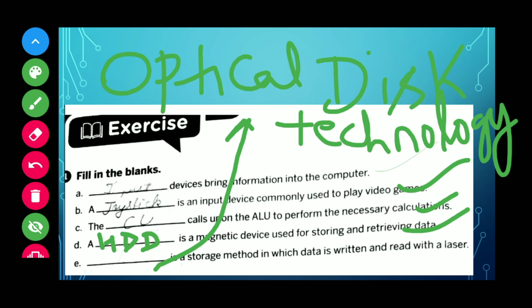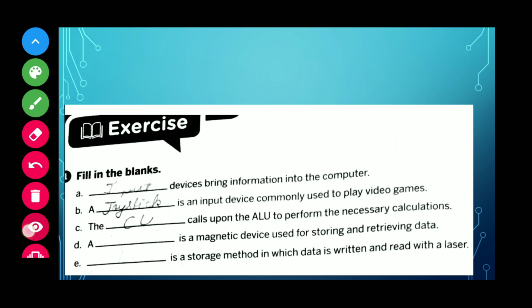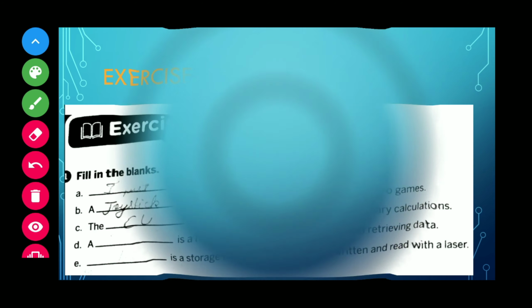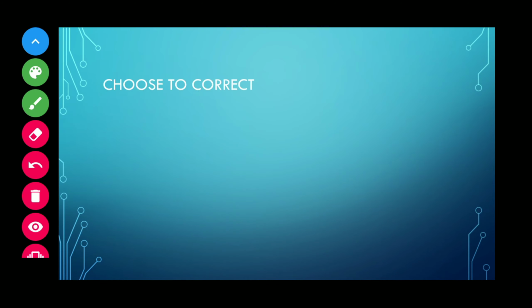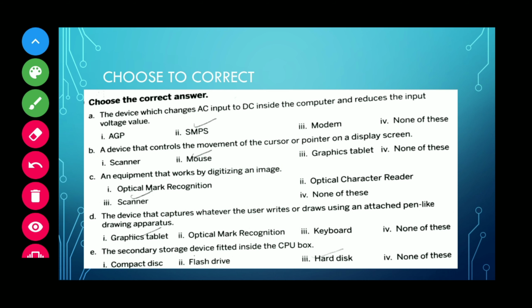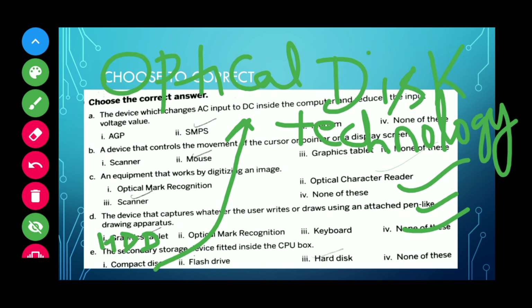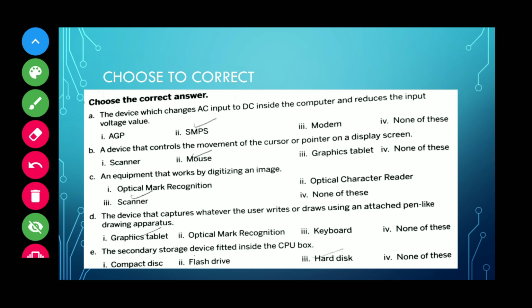Choose the correct. So we are moving ahead now, after finishing the fill in the blanks. The first one: the device which changes AC input to DC inside the computer and reduces the input voltage value.